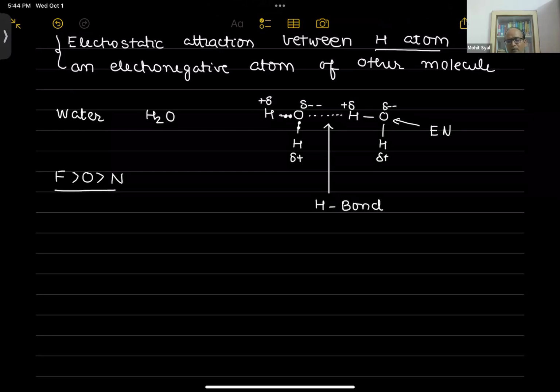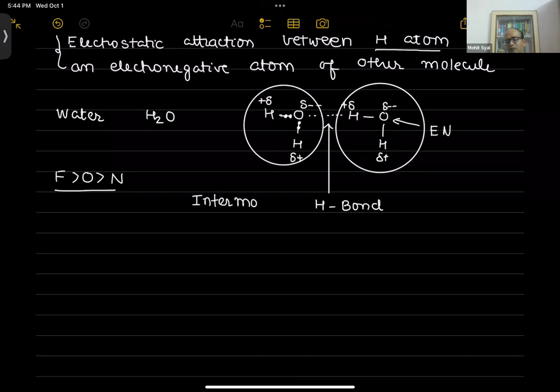Here, this is one water molecule, and this is another. So it is between two different molecules. So that is called intermolecular hydrogen bonding. Intermolecular hydrogen bonding means what?